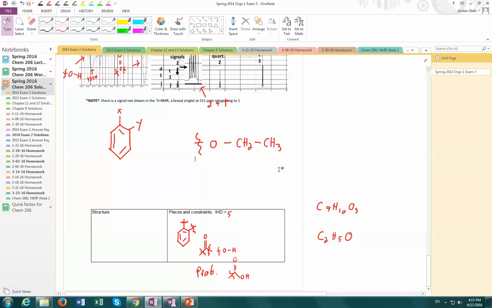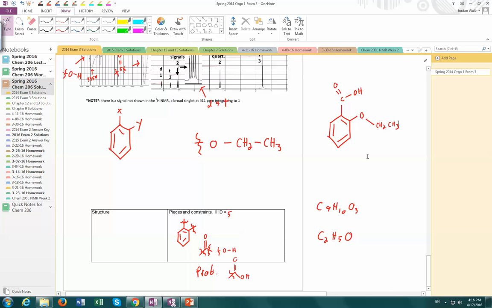Okay, so I guess we've used everything, right? And so, I think we could end up with 2 possibilities here. All right, so let's see what we can come up with. We've got our ortho substitution. And so if we have a carboxylic acid, I think what we're going to have would be this here, and then this here.